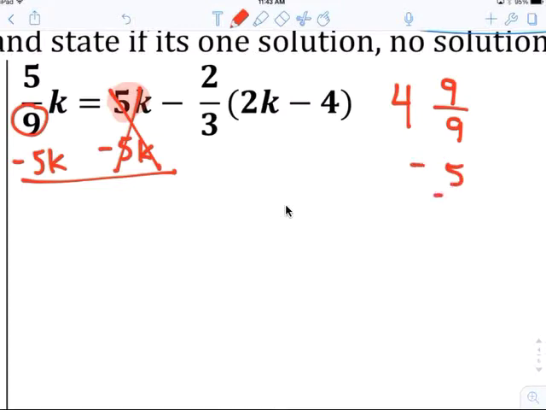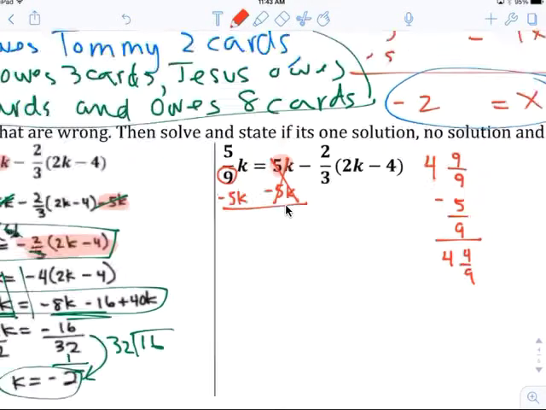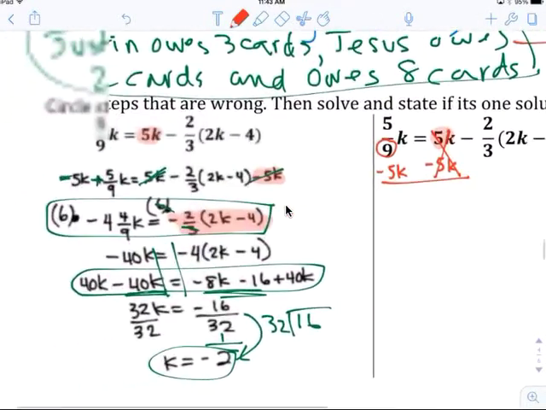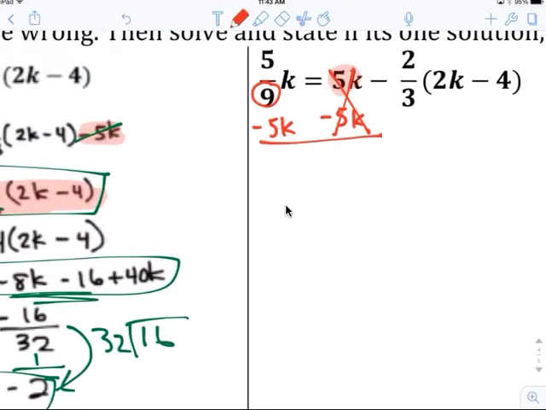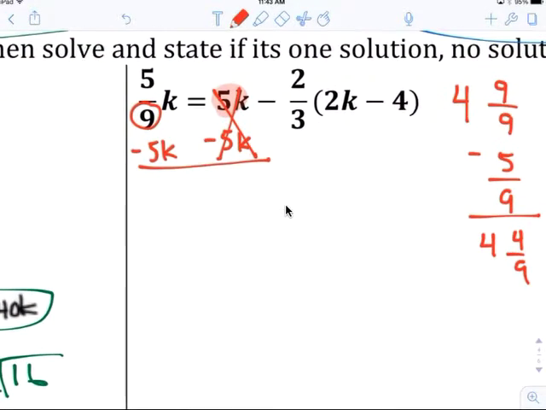Minus that 5 over 9, I get 4 and 4/9, which they got. They did it right, see? -4 and 4/9. The bigger number is negative, that's why it's negative.